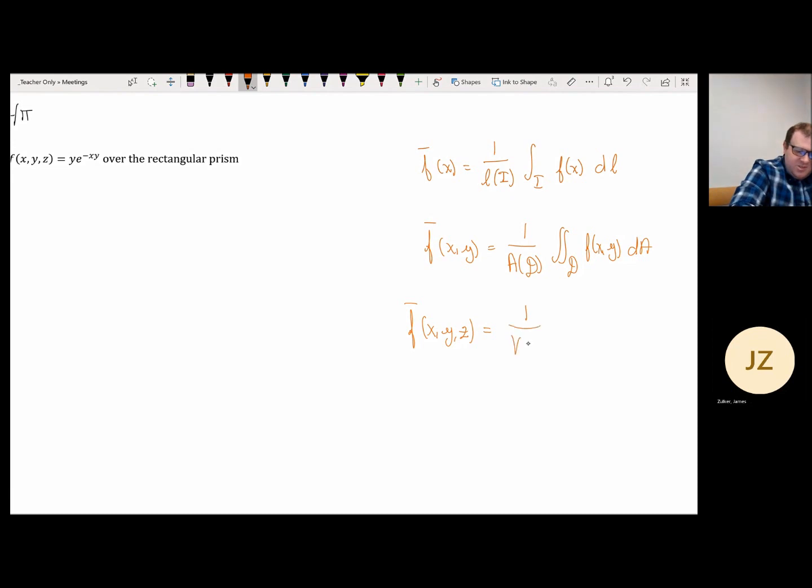It's 1 over the volume of the region W times the triple integral over W of the function f(x, y, z). That's your average value for three variables. If we had four variables, you just keep going. But remember, volume is itself a triple integral, right? You're just integrating over the domain with respect to the volume differential.